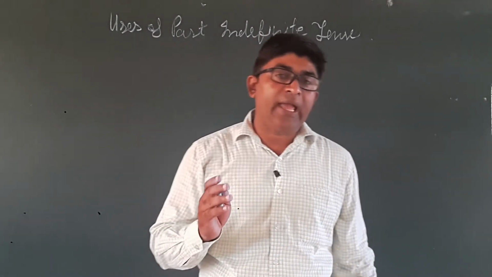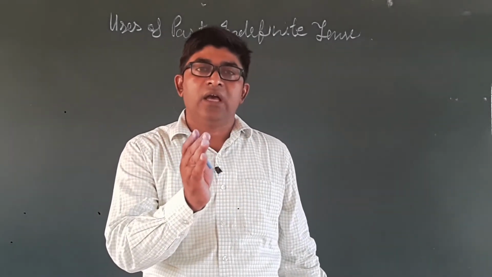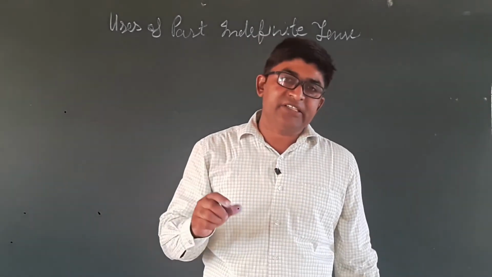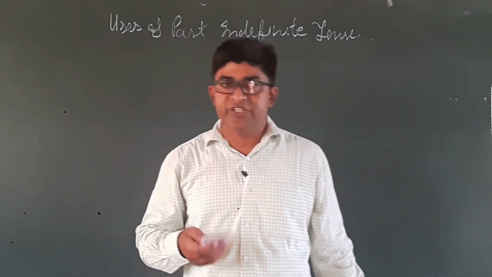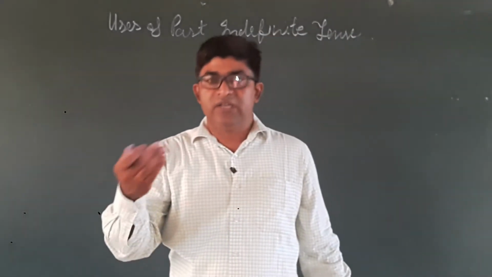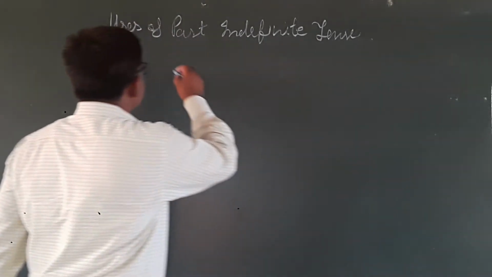When there are two actions in the past and one action happens before the second action, in that case the action which completes at first is known as the previous action, and the action which finishes later is known as the subsequent action.